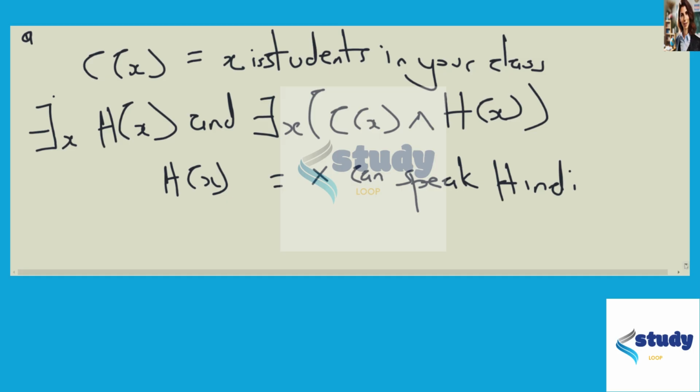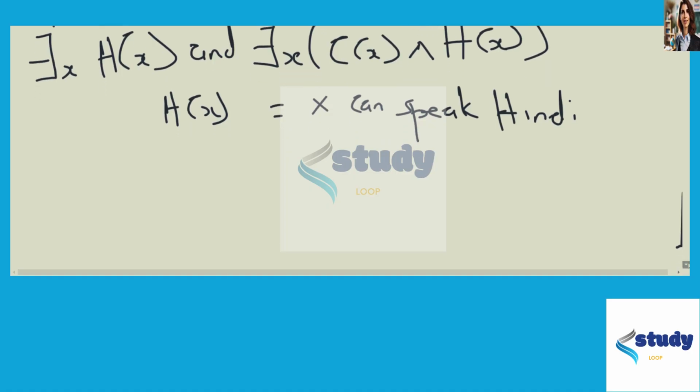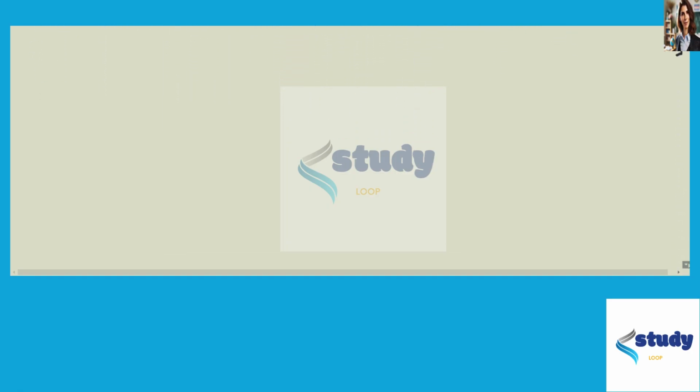So for part B, the objective is to translate the statement "everyone in your class is friendly" into a logical expression.